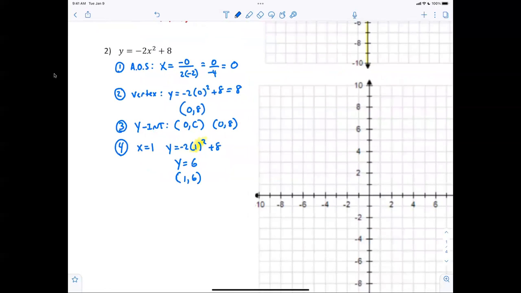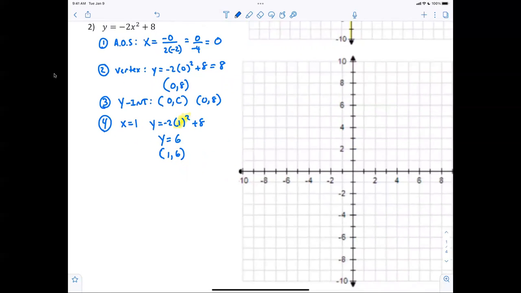All right, so now everybody take out your, well, let's go ahead and graph your axis of symmetry. Then you're graphing the vertex, which is (0, 8). And then 1 point is (1, 6).